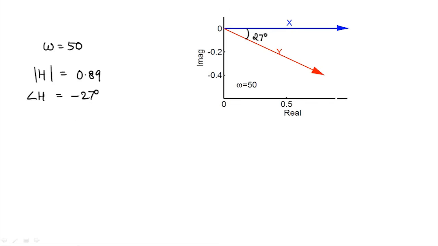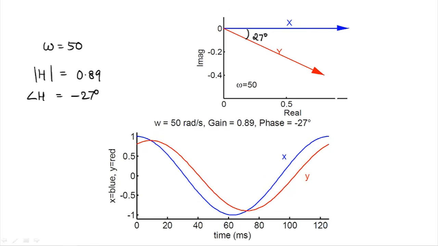Something like this. You notice that the waveform in x is cos omega t. If omega was 50, it is 1 cos 50t. This is the input. If this is the input to that system, that RC filter, the output y looks something like this. Its amplitude is no longer 1.